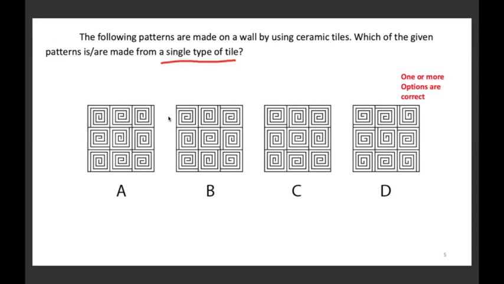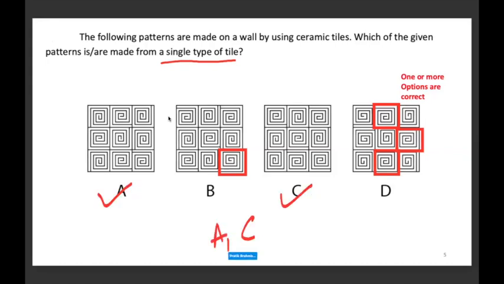For example, in case of option B, this tile is the one which is mirrored. In case of option D, all these three tiles are mirrored. So the correct answer would be A and C. Move to the next.